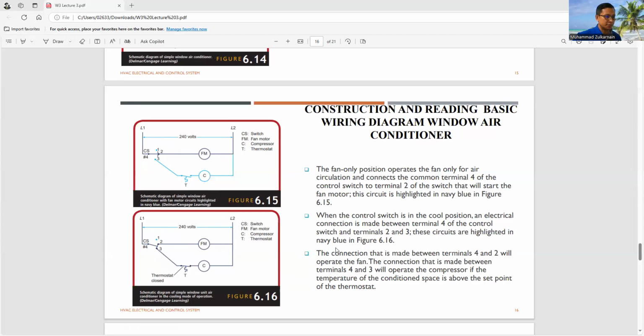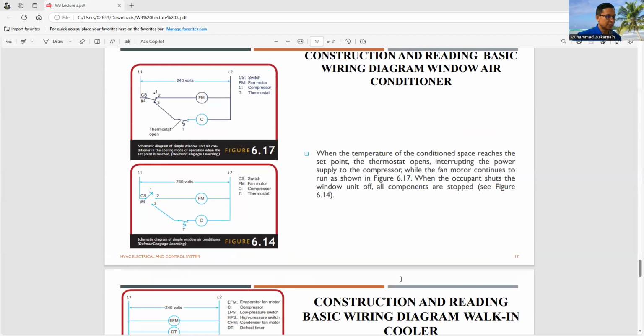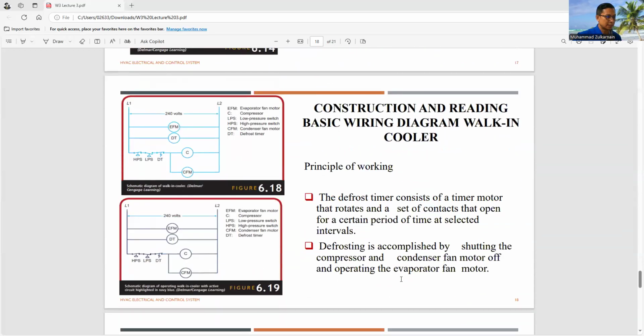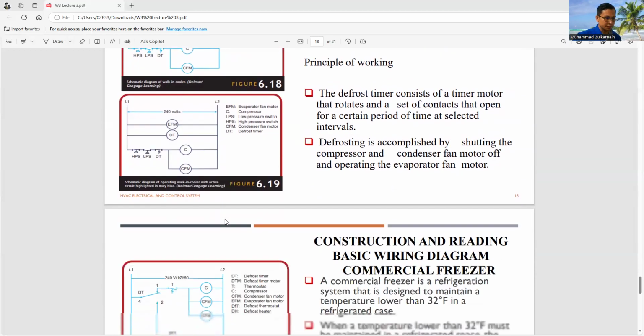So you can simplify by the words. You can read by yourself here, and then the other example is a cooler. A cooler is also constructed by a schematic like this, and then you can succeed in reading the schematic and simplify by the words. So we hope like that. Once you understand the schematic, you can simplify by the words.